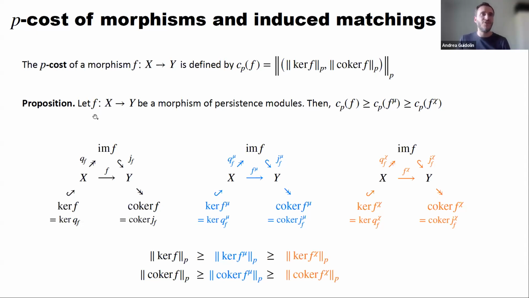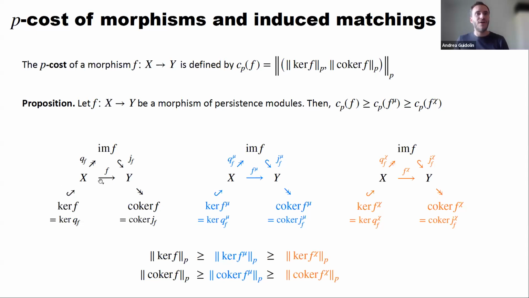And now we have a proposition which is an easy consequence of the theorems that I showed before for monomorphisms and epimorphisms, which says that the p-cost of any given morphism is larger than the p-cost of the morphism associated with our matching, which is larger in turn than the p-cost of the morphism associated with the matching of Bauer and Lesnick. And this consequence is proved just by considering the factorization of the original morphism.